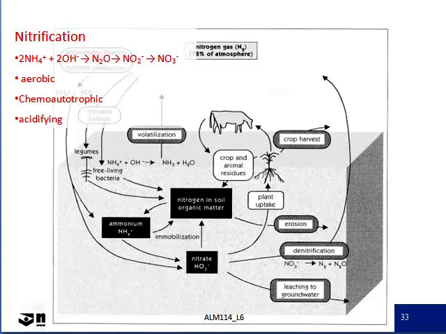Soil ammonium, NH4, can be quickly converted to nitrite, NO2, and then into nitrate, NO3. This process can occur quickly, within hours or over weeks, and is known as nitrification. It only occurs in the presence of oxygen, so it generally will be slow or non-existent in waterlogged anaerobic soils.